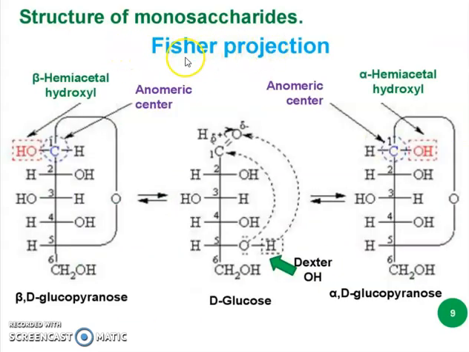So structure of monosaccharide: Fischer projection. You can see the beta hemiacetal hydroxyl at the anomeric center, this center. This is an alpha hemiacetal hydroxyl. So D-glucose, this one is beta-D-glucopyranose and alpha-D-glucopyranose.